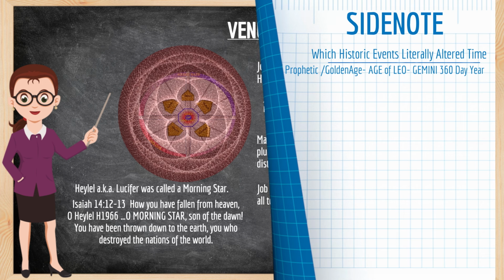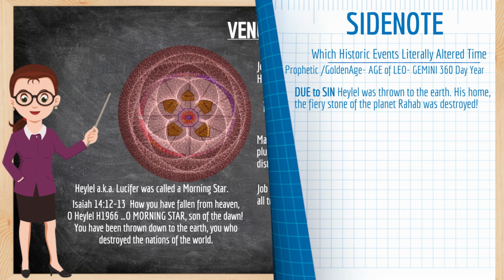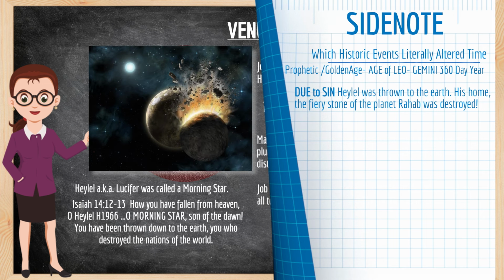Then war pursued in heaven, and because of the sin of Hallel, he was thrown to the earth. His home, the fiery stone of the planet Rahab, was destroyed.